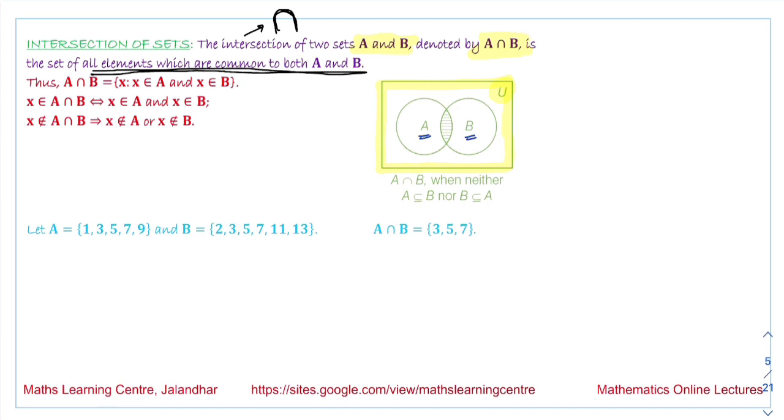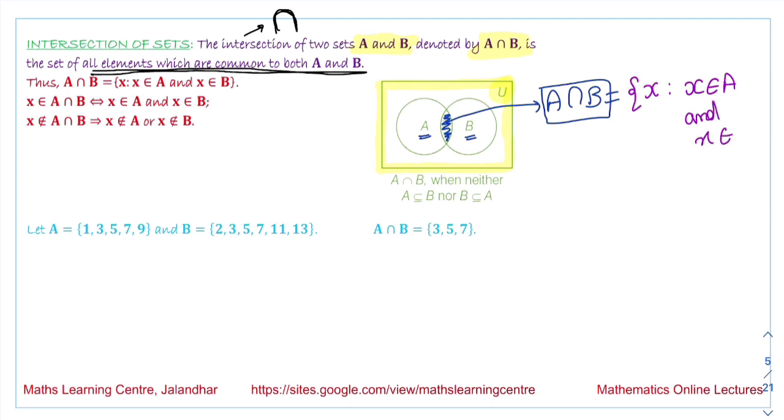So this common region over here between A and B, that is the intersection of these two sets, A intersection B. So the definition we have is that A intersection B is equal to the set that contains all the elements such that x is an element of A and x is an element of B. When we were talking about the union, this word "and" was replaced with "or".